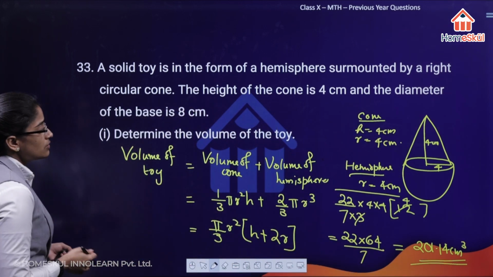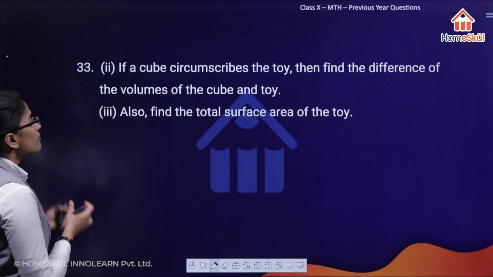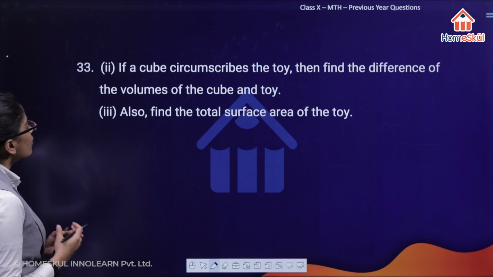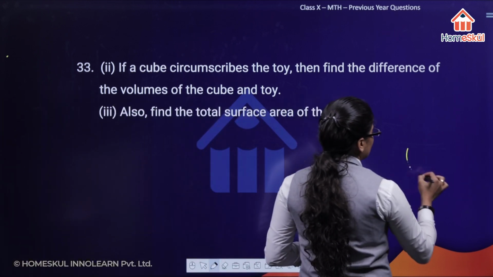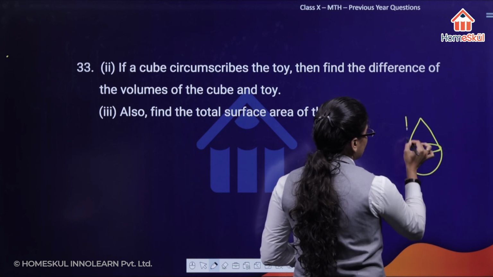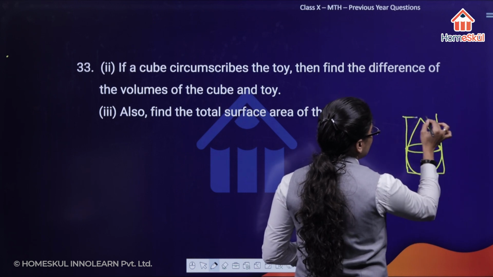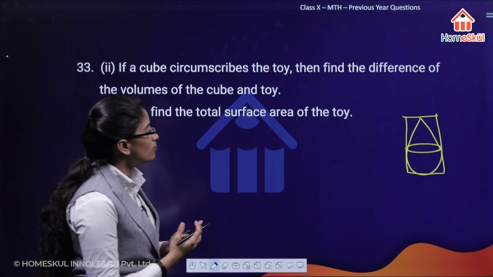Clear? Shall we move on to the second sub-question? If a cube circumscribes the toy, then find the difference of the volumes of the cube and the toy. Here the toy is circumscribed by a cube.